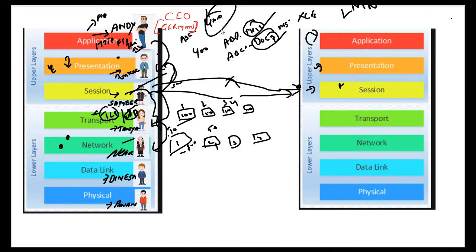Once Neha has this information, she will pass those 400 packets, those segments, to Dinesh. So what will Dinesh do? Dinesh will check those segments.